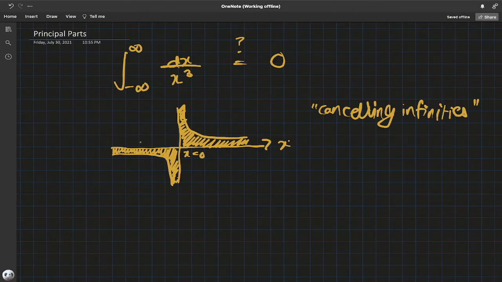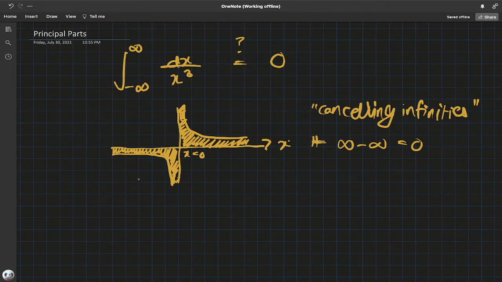Approach from the left side, it goes to negative infinity. Approach from the right, it goes to positive infinity. A big jump discontinuity, and on top of that, a divergence. So when we're integrating this, and if our intuition tells us it's going to be 0, and if you look at the geometry of this, it will. Which means that these divergences cancel out. Like infinity minus infinity is like 0. That's essentially what it's hinting at.